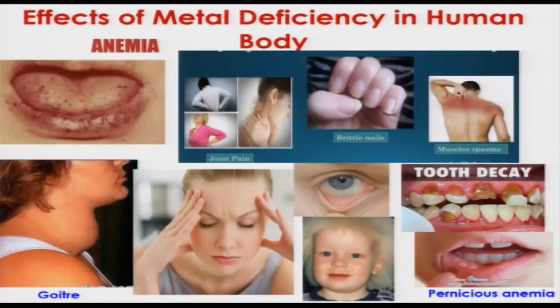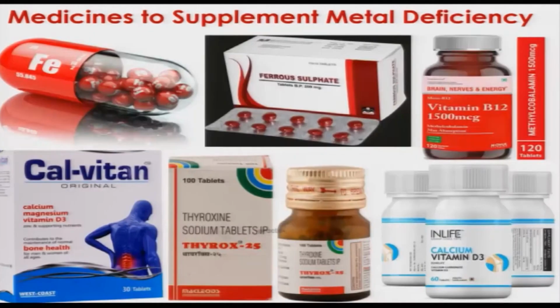Some of these effects of metal deficiency in humans are shown here, and I am not going to discuss all in detail. If you have a deficiency of certain metals, you need to take medicines to supplement that deficiency, and some of these medicines are shown here.